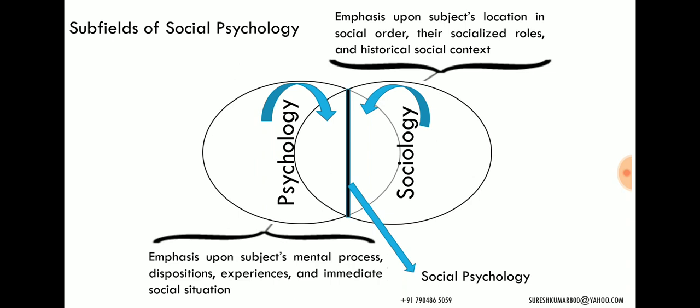But sociological social psychology emphasizes subjects' location, social order, their socialized roles, and historical and social context. So we can see that it is an application of principles and important concepts of another field. We are applying them in a field, and the new field is called social psychology.